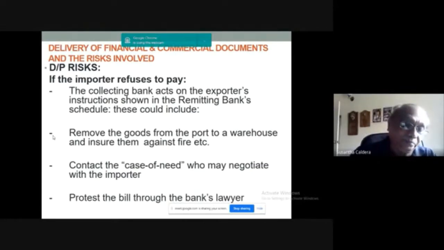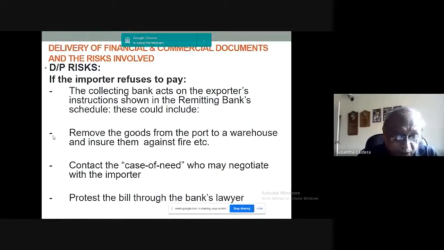Because banks have nothing to do with the goods, services, or performance. We are only handling documents, right? So you can't expect the banks to clear the goods and remove the goods from the port to a warehouse and insure them against fire and so on. Okay.